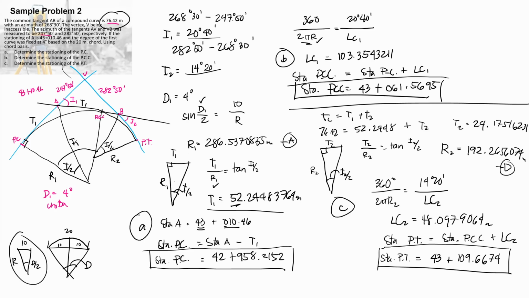Sir, po sa azimuth ng H at B, paano po yung itsura niya? Hindi ko po kasi ma-picture out kung paano po nakuha yun. Sige, sige. I-save muna natin ito.